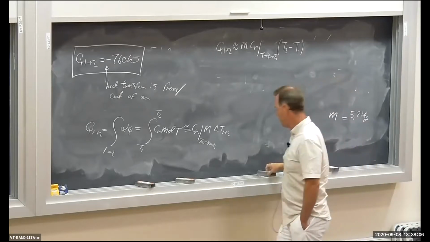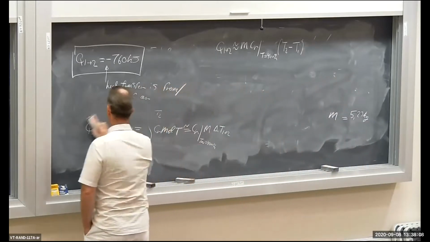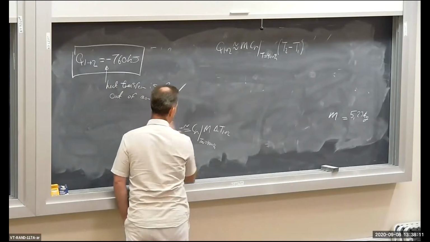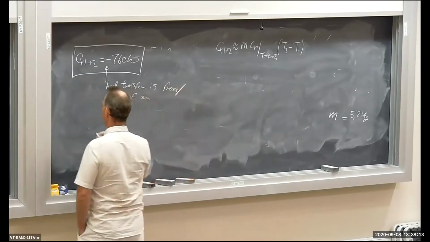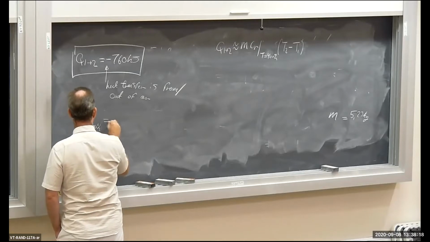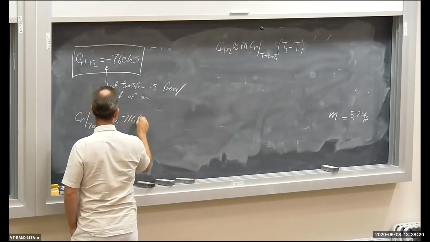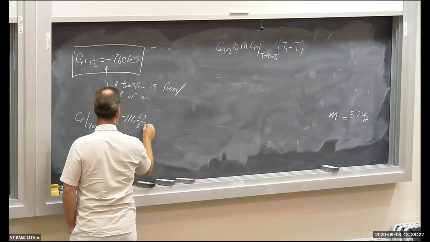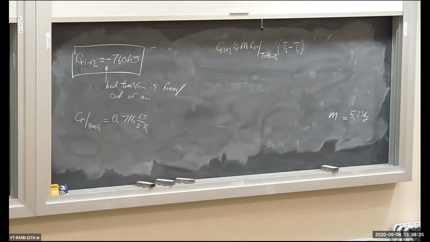I have the mass, Cv again. Let's see here, what was Cv? 0.716 as I recall. Oh, I'm sorry, I got the wrong number here.